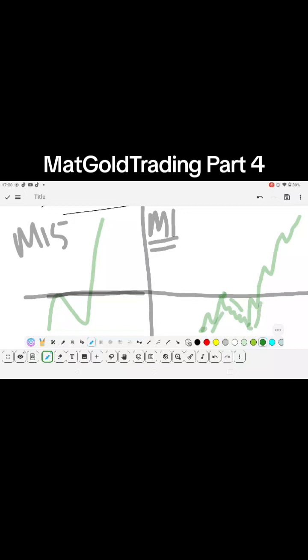These are sellers and stronger, bigger candles. You're gonna be zooming in basically. That's the first thing you're gonna see. Let me just draw it on the side, to make some space.